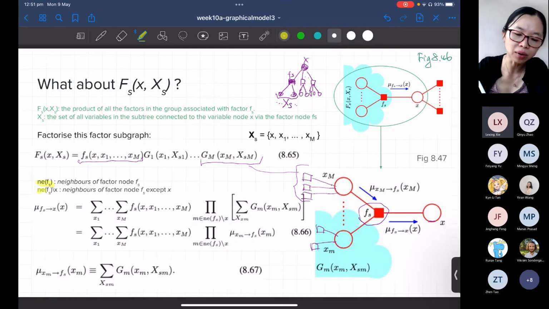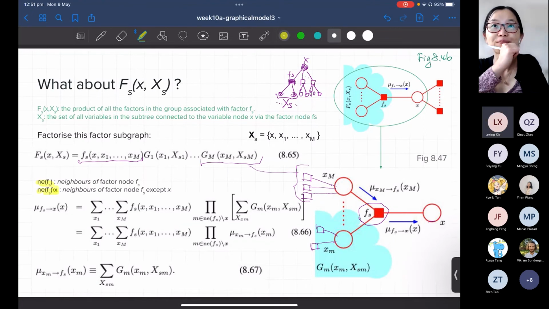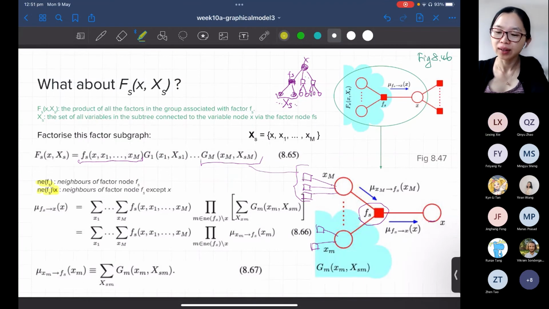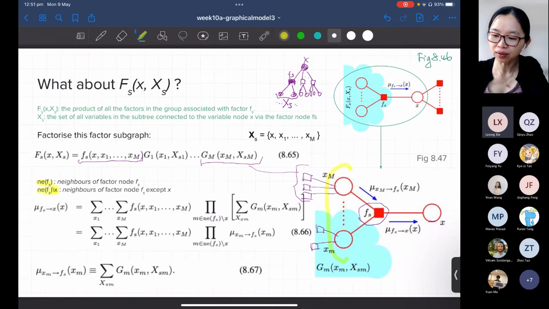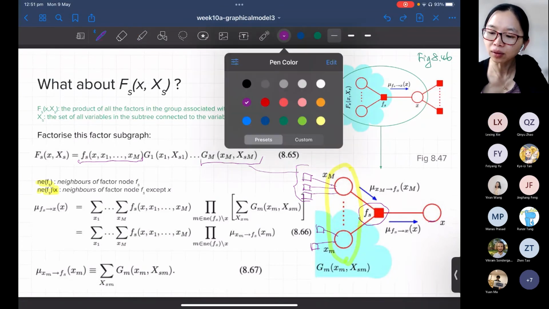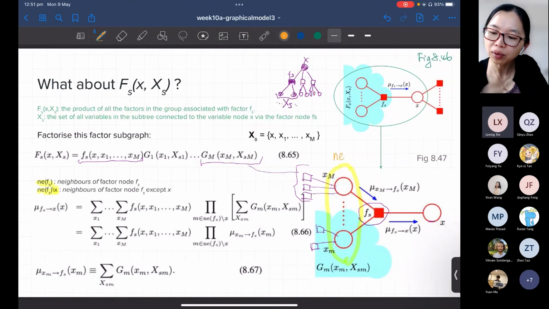And then also the neighborhood of f_s minus x, which includes just the nodes on the left, excluding x. Okay, so these are just notations.